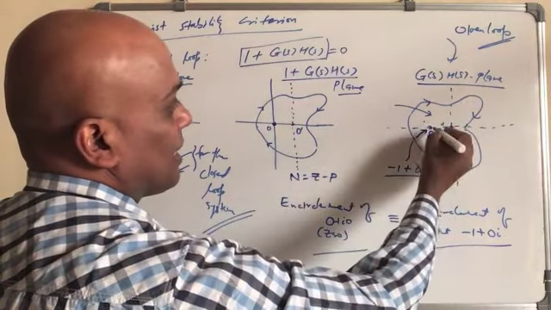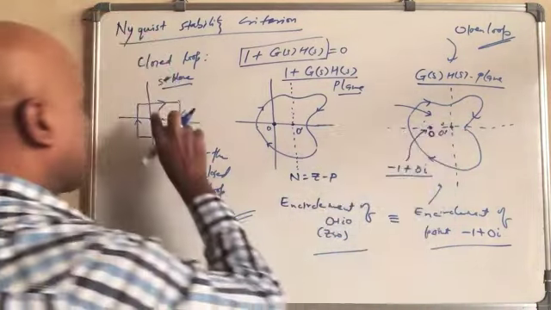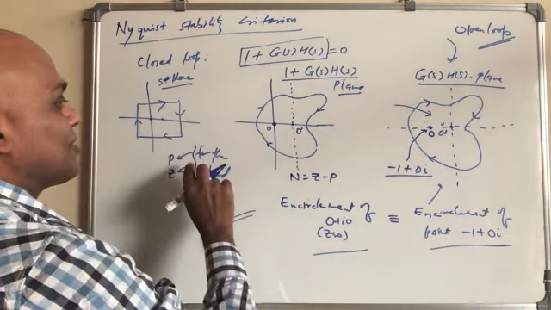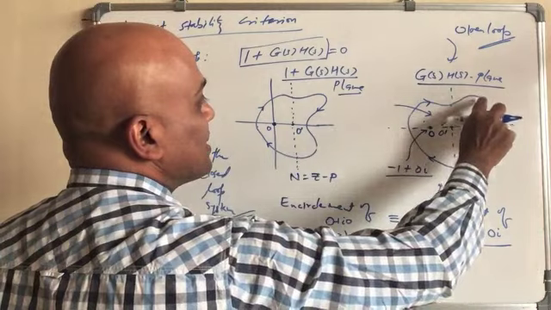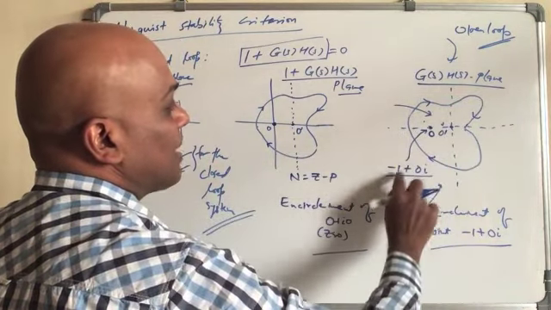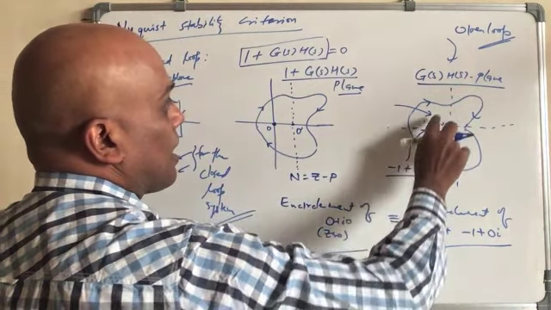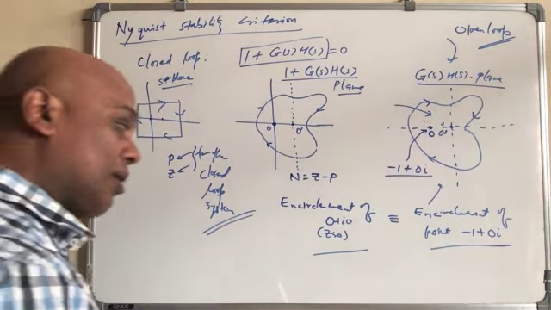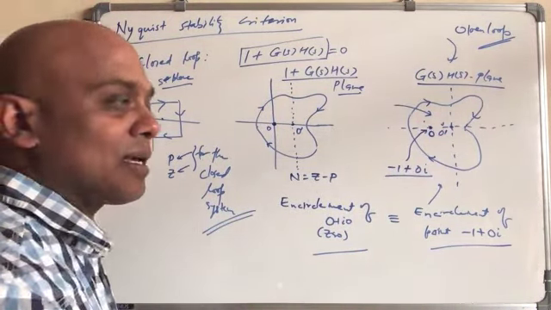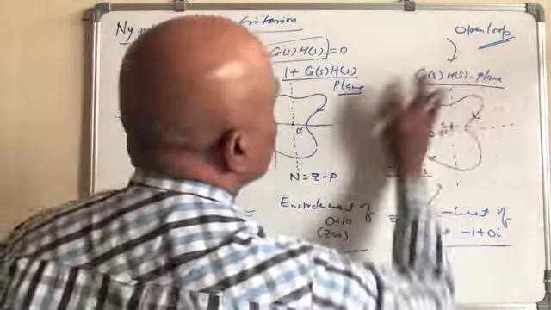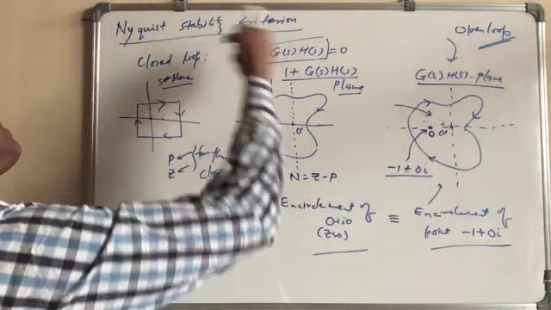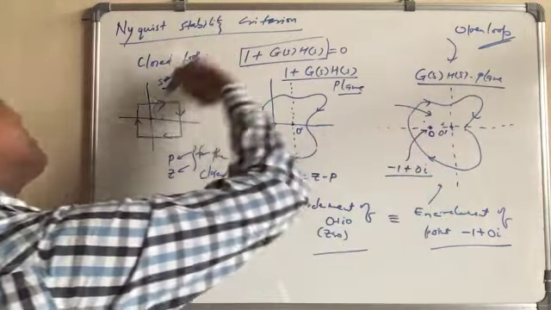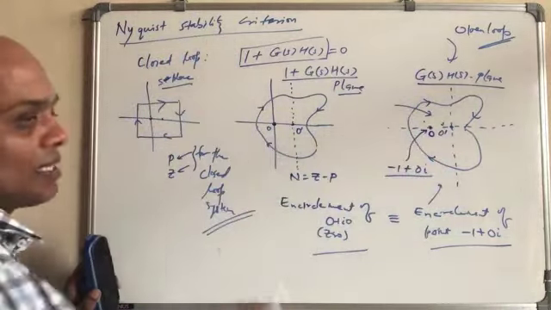And here, the number of poles and zeros we originally had will be reflected in the number of times it is going to encircle the point -1. But for us this will be given and we have to predict. The Nyquist criterion is given this, then how many poles are there, how many zeros are there.